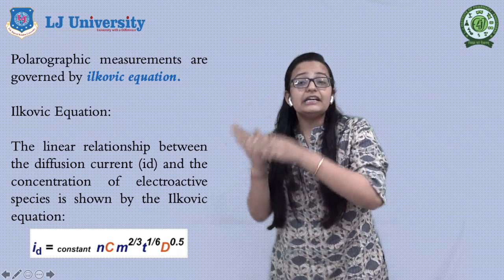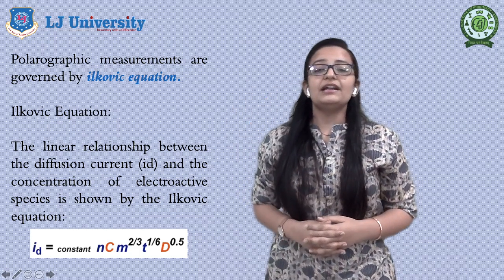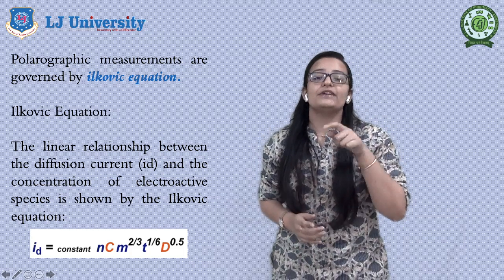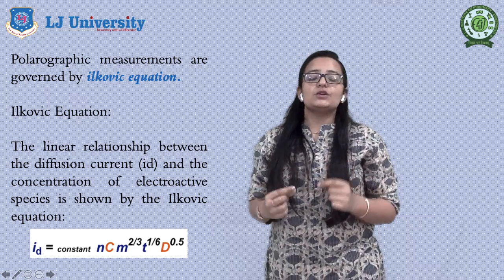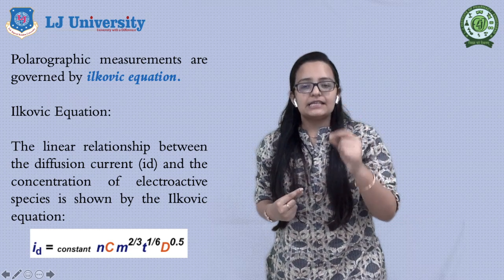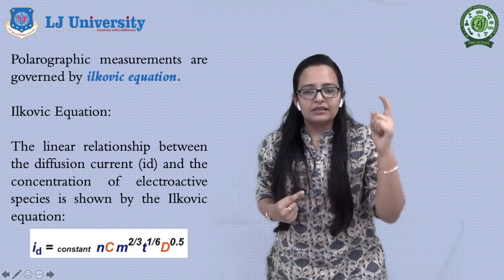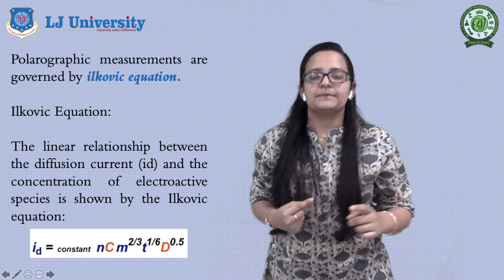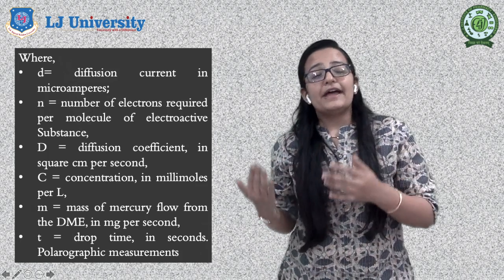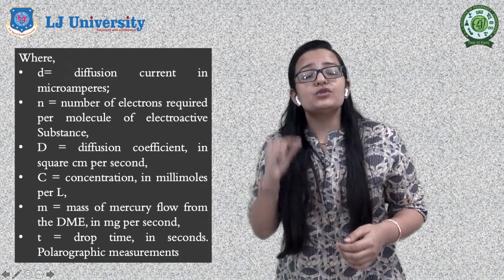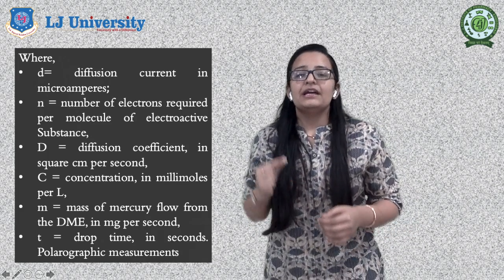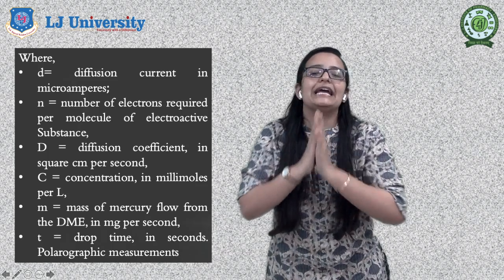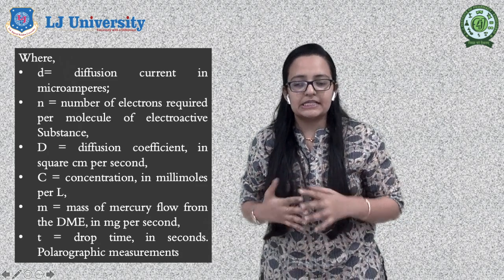The linear relationship between the diffusion current and the concentration of electroactive species is shown by this Ilkovic equation. Id is equal to a constant times n C m^(2/3) t^(1/6) D^0.5, where Id stands for diffusion current in microampere and n is the number of electrons required per molecule of the electroactive substance or species.